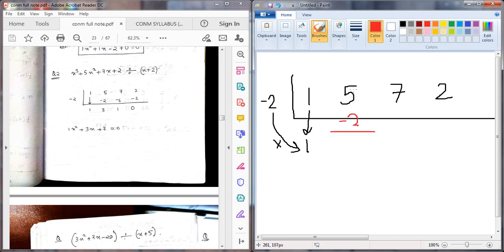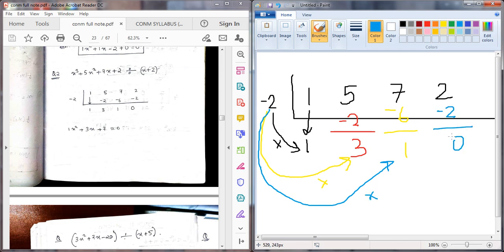Plus 5 into -2 is 3. -2 into 3 is -6. Plus 7 minus 6 is 1. -2 into 1 is -2, which gives 0. So again I have no remainder.